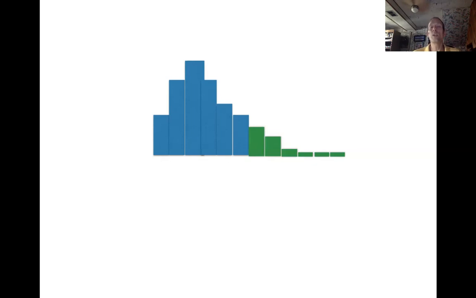Now, what would be different about the mean, median, and the mode here? Well, the mean is going to become a lot higher because it has to respond to all these observations in green that are now much higher that weren't there before in the last slide. So that means the mean is going to slide out to the right.